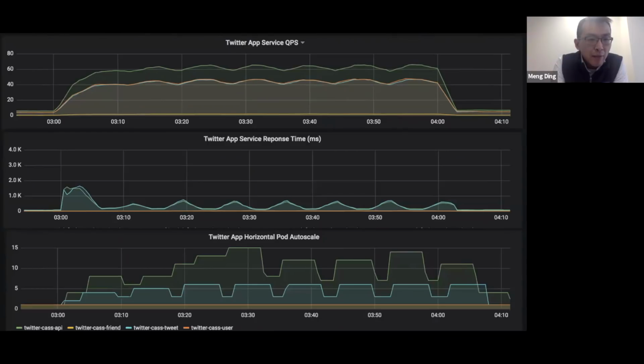We see a very undesirable ping pong effect, where a large number of replicas spin up quickly, and when the replicas spin up quickly, the response time suddenly lowers to an undesirably low number, which causes the pods to scale down again.